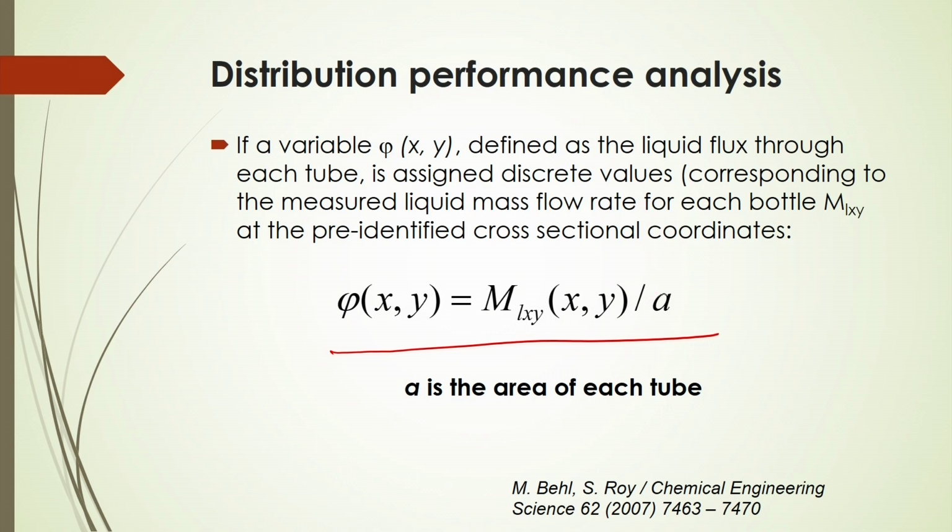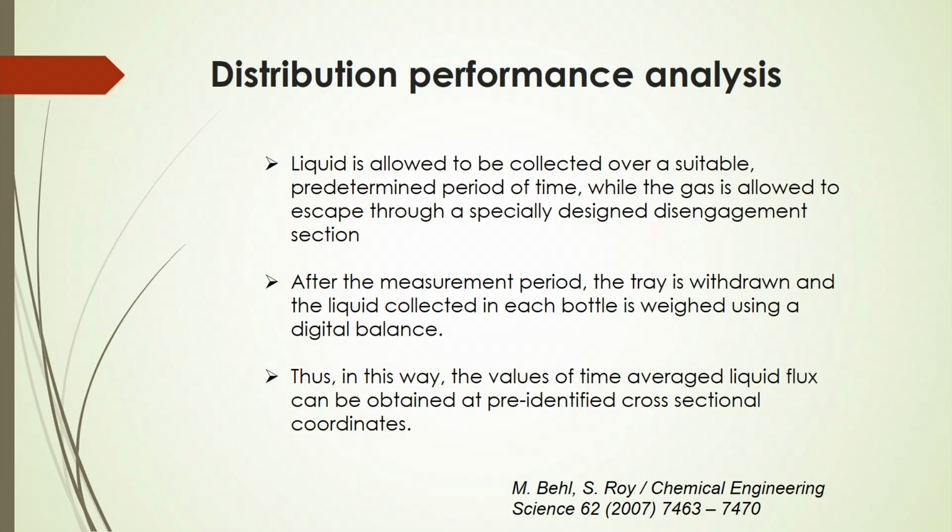In this case, A is the area of each tube or channel in the reactor. This concept was given by Bahel and Roy in 2007. According to their observation, the liquid is allowed to be collected over a suitable predetermined period of time, while the gas is allowed to escape through a specially designed disengagement section.